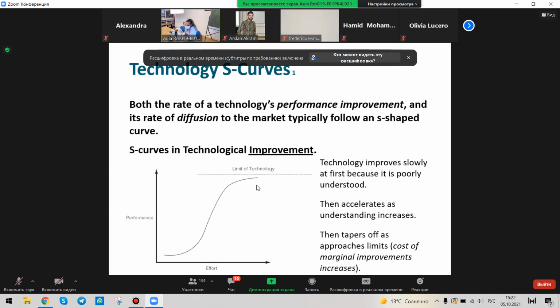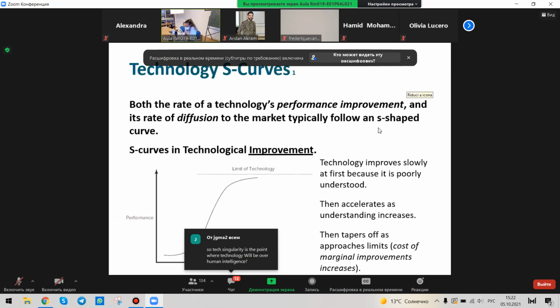Each marginal improvement in the technology comes at higher costs. So this means that this growth is no more sharpened, but it just flattens because each marginal effort in terms of resources and R&D just produces lower effects on the overall improvement. Is it clear? Okay.